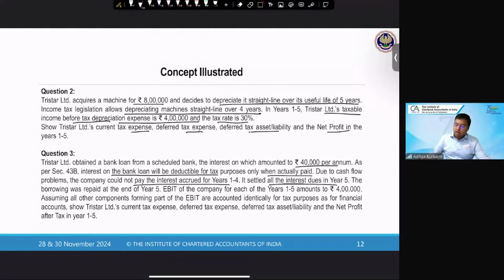It settled all the interest dues in year 5. The borrowing also was repaid at the end of year 5. EBIT of the company for each of the years amounts to 4 lakhs. Assuming all other components forming part of EBIT are accounted identically for tax purposes as for financial accounts, show TriStar Limited's current tax expense, deferred tax expense, DTA or DTL, and the net profit after tax for the years 1 to 5.